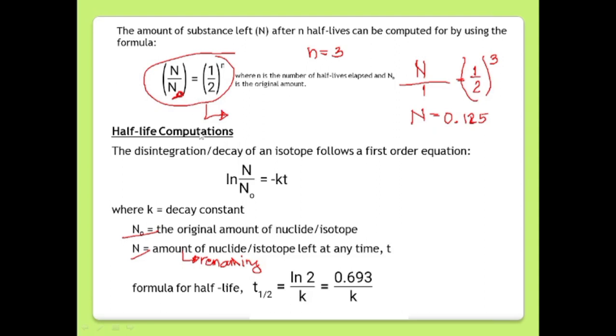Next is half-life computation. The disintegration decay of an isotope follows a first-order equation. So, yung sinasabi nating first-order equation is, ang equation natin dito is negative dN over dt is equal to kN.